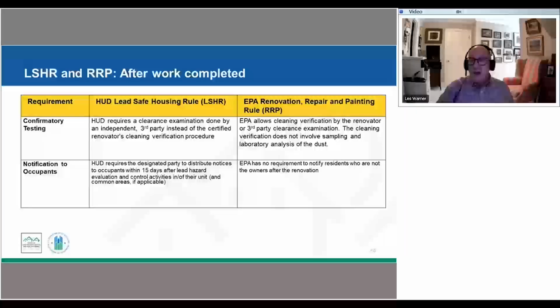So it's not requiring sending off samples to a lab and having a third party ruling on this. And then EPA doesn't have any requirements about notifying residents.